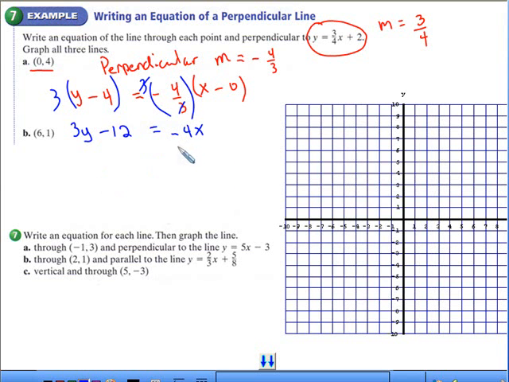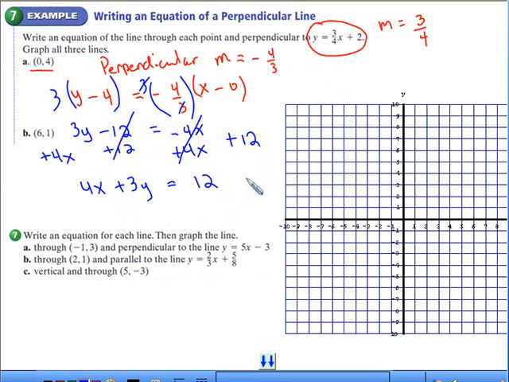So we're going to add 4x here, and we're going to add 4x to the other side. And we're going to add 12 here to move 12 to the right side. This will eliminate, what are we left with? 4x plus 3y is equal to 12. So this is the equation of a line perpendicular to this line.